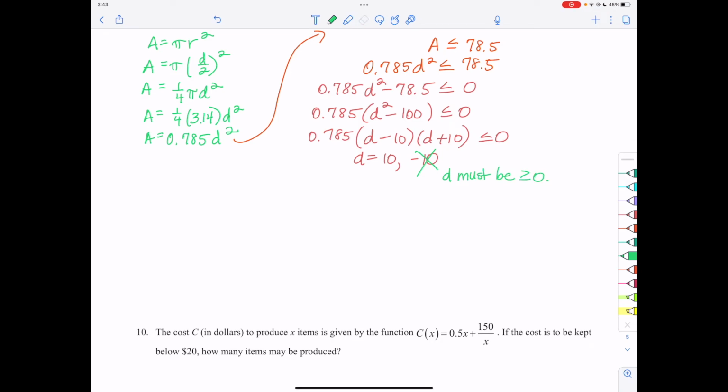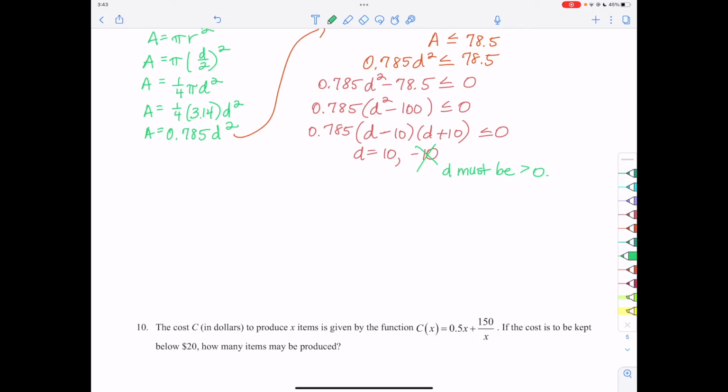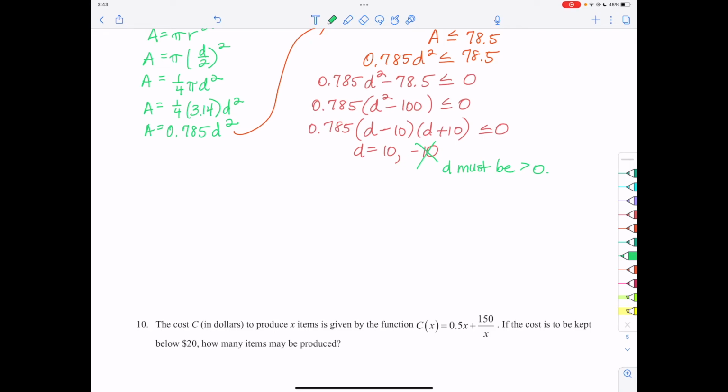And honestly, we don't even want to include equal to 0. So now what will we do? We can say that d is equal to 10 is the largest.